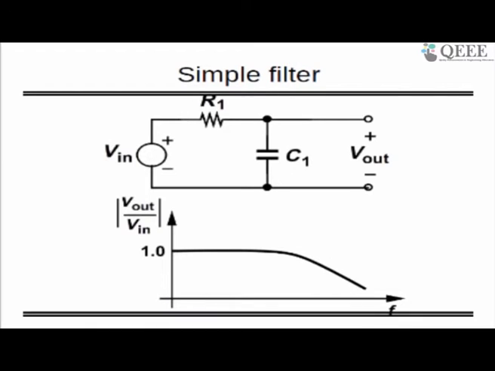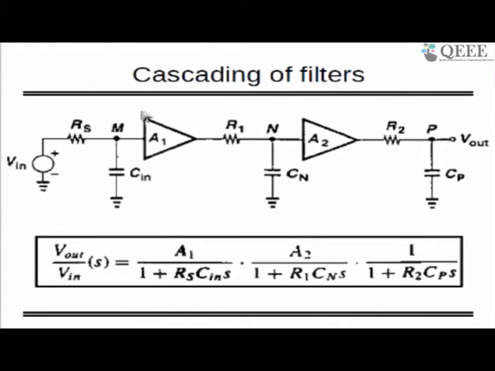With 1 RC system multiplied by A1, at the output of this one I am going to see A1 by 1 plus Rs Cin times S. And at the output of the next one, I am going to see A1 times A2 divided by 1 plus Rs times Cin times S, multiplied by 1 by 1 plus R1 times C1 times S.